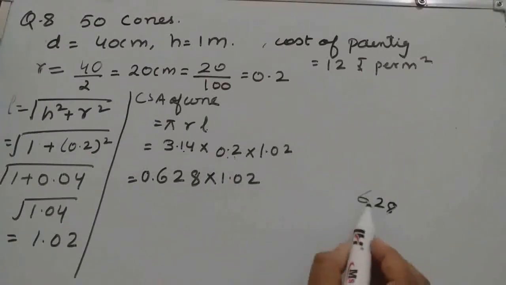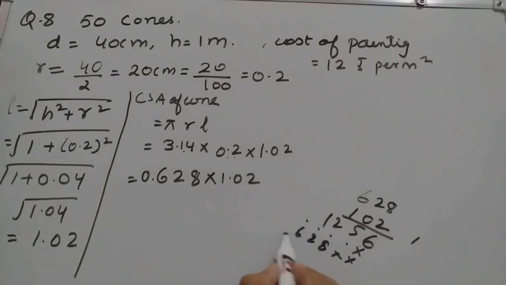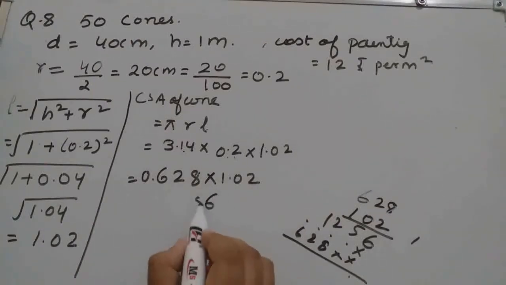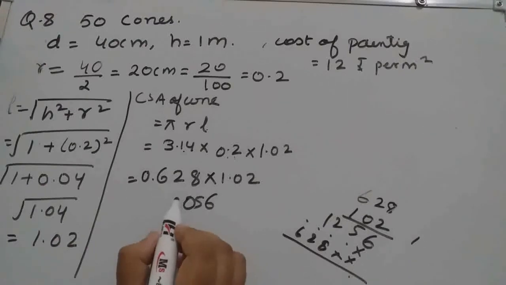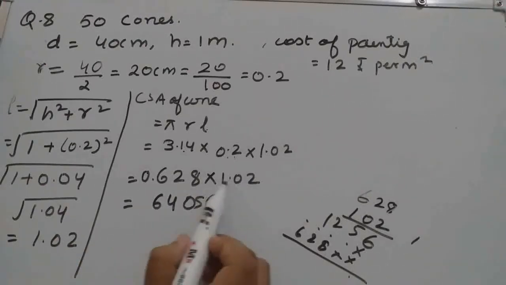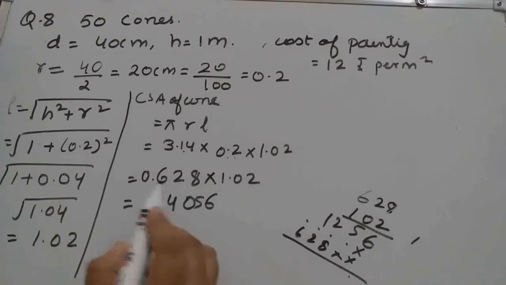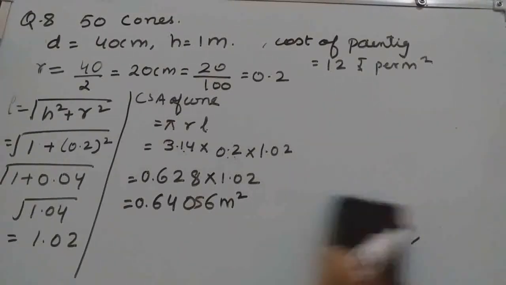So 628 and 102, if you multiply, so you will get 6 will come, 5 will come, then 0 will come, then 4, 6. Now count the number of digits, 5. So 0.64056 meter square is CSA of one cone.